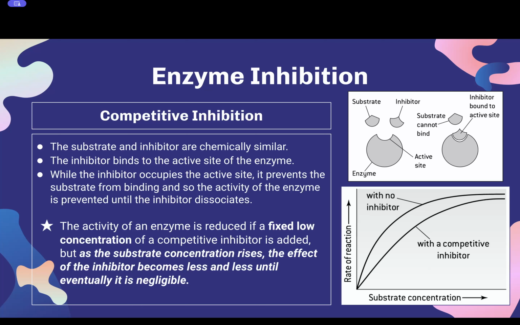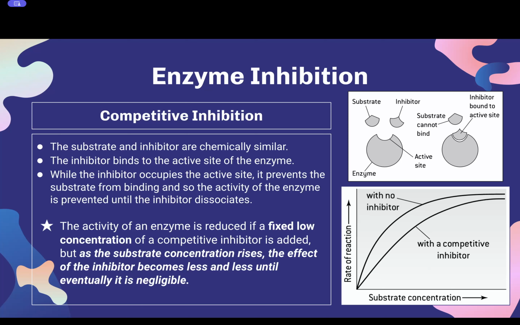Because it's a competitive inhibitor, the inhibition is not permanent, which means that after a while the inhibitor will leave the active site and the substrate can then bind and turn into products. And that's why when you look at the graph at the bottom, comparing the rate of reaction as substrate concentration increases with no inhibitor and with a competitive inhibitor, it basically reaches the same point, maybe a little less.